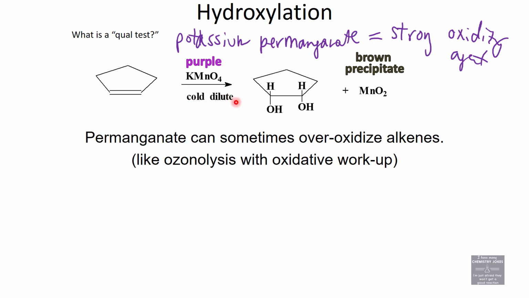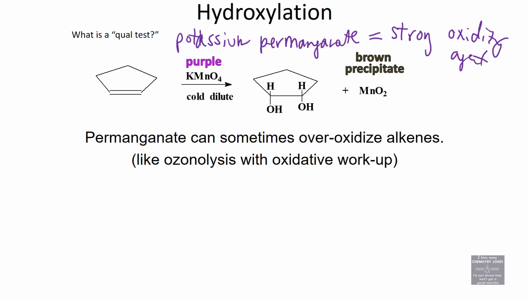One reason that this really needs to be cold and dilute is to try to calm him down and keep him from over-oxidizing. So sometimes reagent details are not super important, but KMnO4 cold dilute does something very different from KMnO4 that's hot and refluxing. So this cold dilute is unfortunately a necessity when you're writing reagents down.